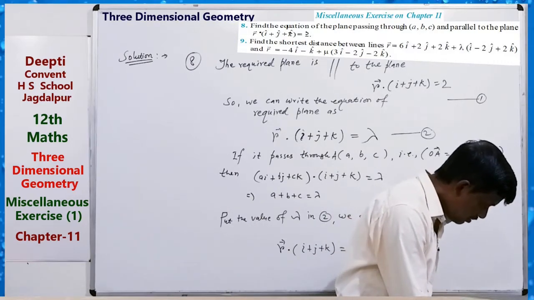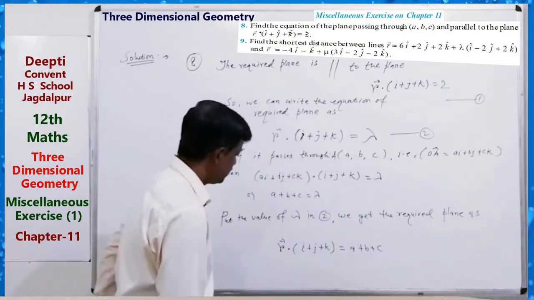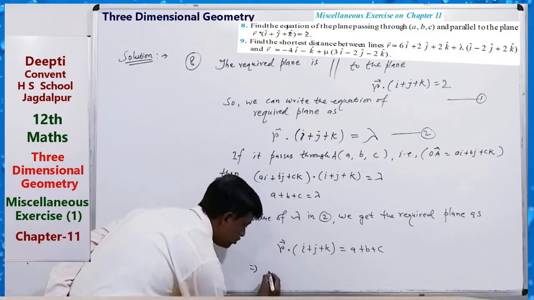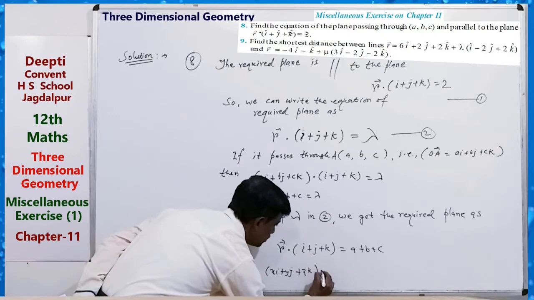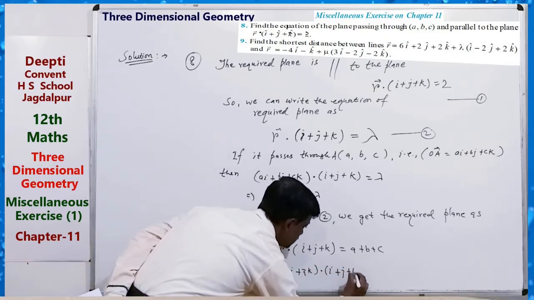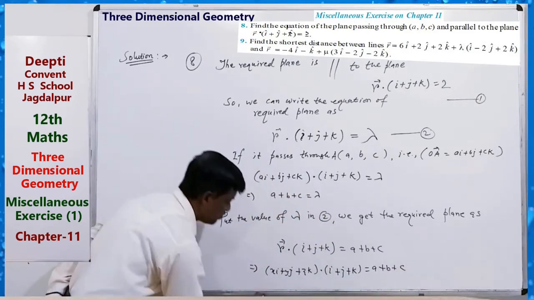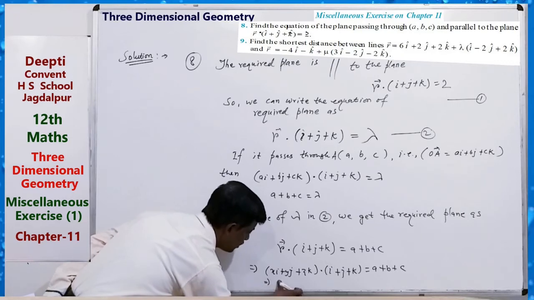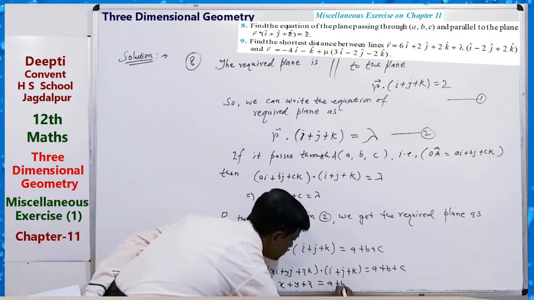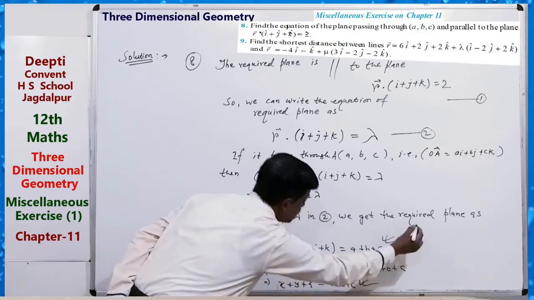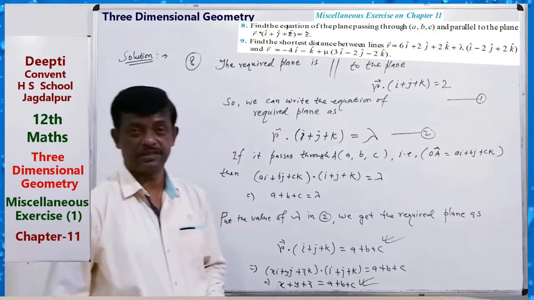And the Cartesian equation we can write as xi plus yj plus zk dot i plus j plus k equals a plus b plus c. This implies x plus y plus z equals a plus b plus c. This is the Cartesian equation, and this is the vector equation of the required plane. Okay, so question 8 is this.